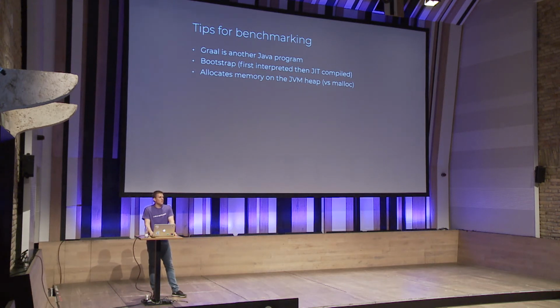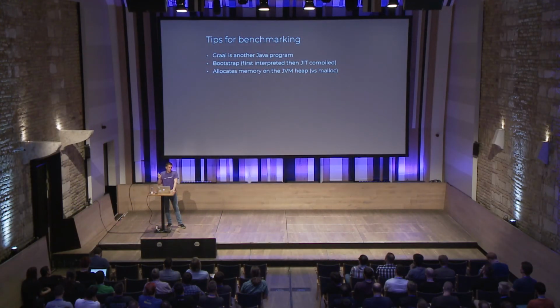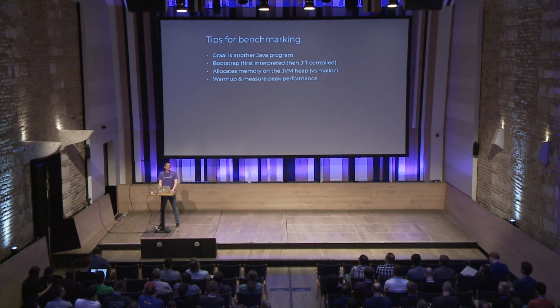For example, the C2 compiler is allocating memory on the native heap, so the memory will be used either way, but keep in mind that Graal uses the JVM heap. All in all, if you are benchmarking Graal, you should pay attention to let your application warm up and always try to measure the peak performance of your app.